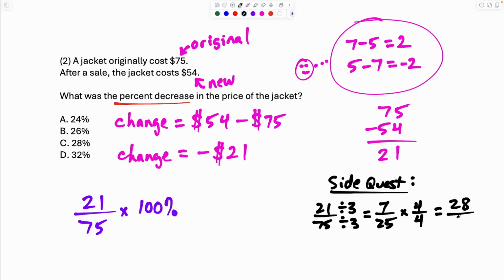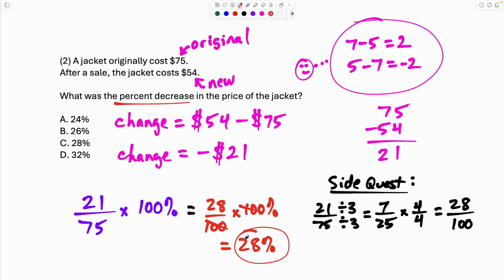And if I do 25 times 4, I get 100. So this now, 21 over 75, I could express as 28 over 100. And we're multiplying this by 100%. And now the 100s cancel, giving us 28%. Okay, so this means that the percent decrease of the jacket was 28%, which matches up with choice C.